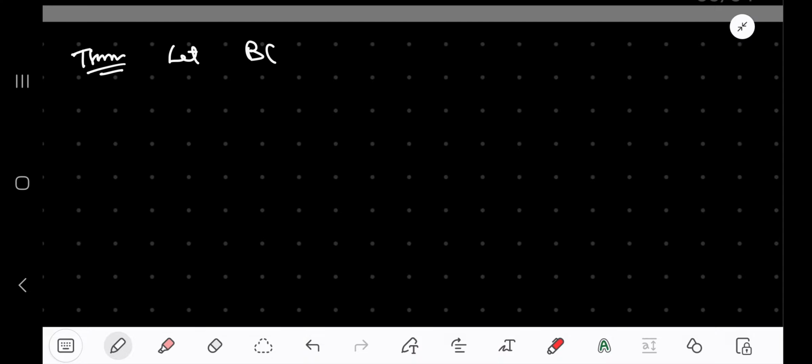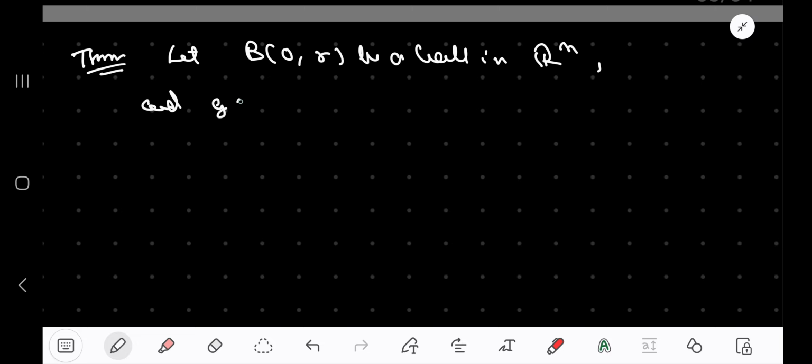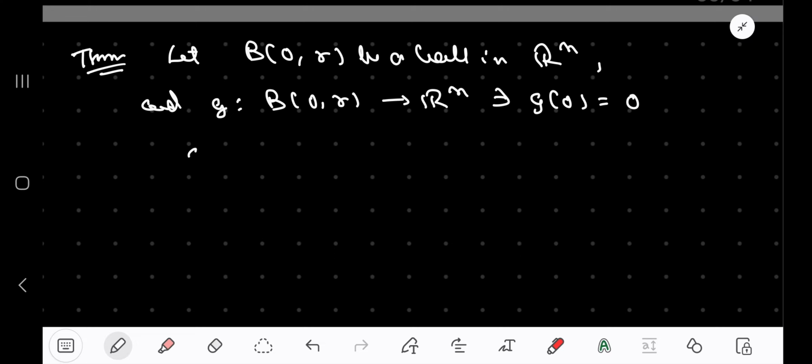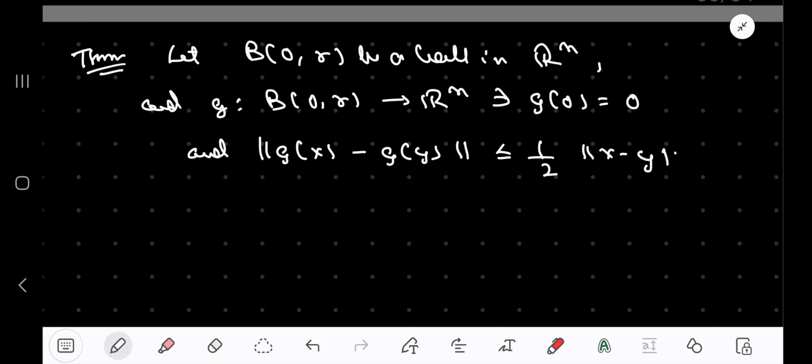So let B(0,r) be the open ball in Rn centered at the origin of radius r, and let G be a map from this ball to Rn such that G maps the origin to the origin, and G is a strict contraction with the contraction constant being 1/2.